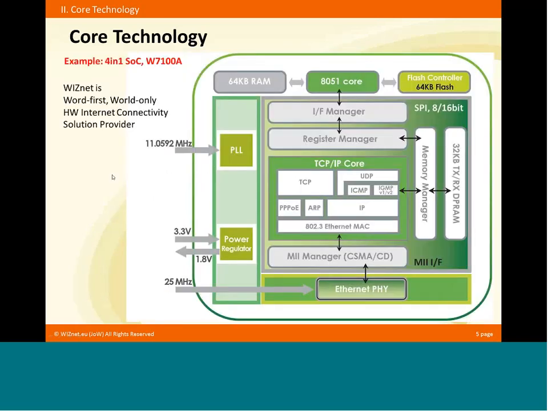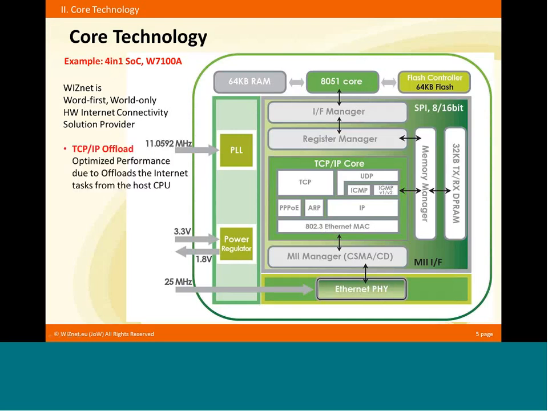So here's a more detailed view of that. I have here an example, a 4-in-1 SoC we created 2 or 3 years ago, the W7100A, that combines an MCU plus our hardware TCP/IP core plus Ethernet MAC and the Ethernet physical layer in one chip.